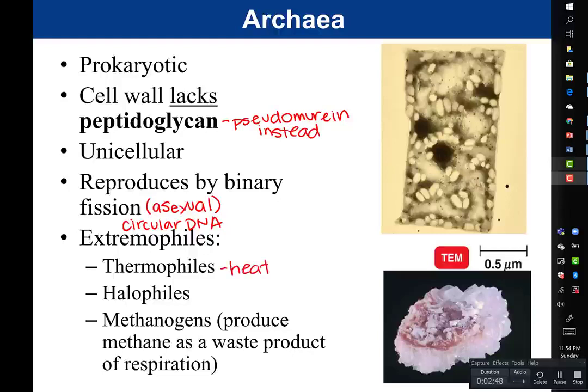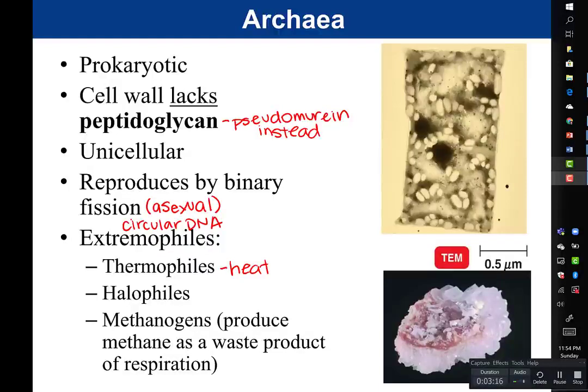If we talk about halophiles, halo is referring to salt. So if you look over on the right, you can see this salt crystal and it has this pink hue on it. And that pink hue is a type of organism that is called Halobacterium. It's not actually a bacteria. It's actually an archaea, but it can grow in extreme salinity, meaning high salt environments.